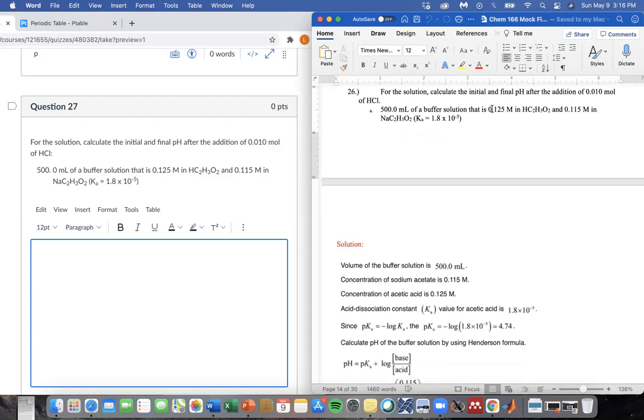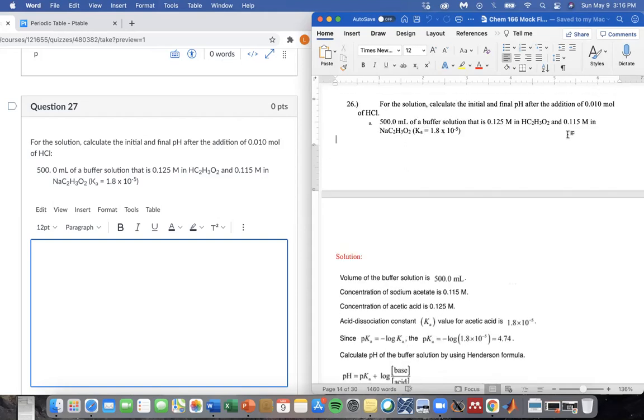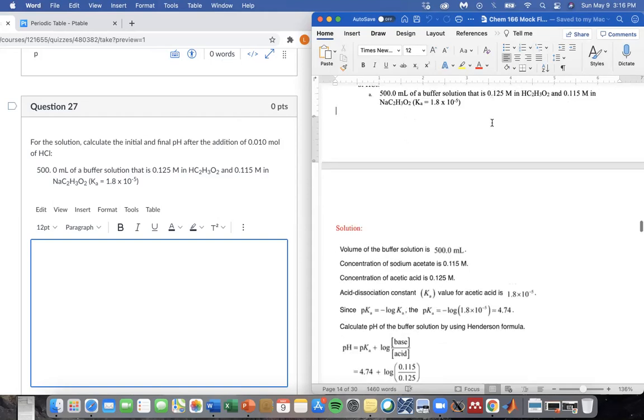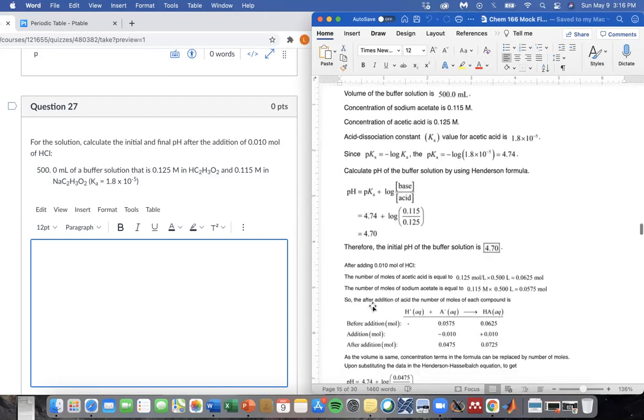You're given those concentrations already. So it'll be the negative log of 1.8 times 10 to the negative fifth, plus log of base over acid, so your 0.115 molar over your 0.125. And you would get an initial pH of 4.7.